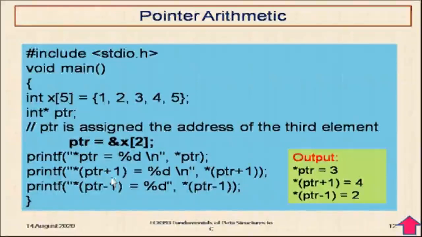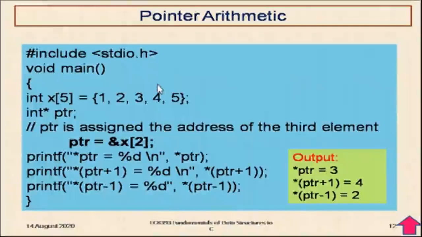Now, as we have seen already, we can increment the pointer within the array or decrement the pointer within the array. So in this second statement we are incrementing the pointer: *(ptr plus 1). ptr is the address of this one, plus 1. Since this is of integer type, assume that the address of this one is 1000. Then if you use ptr plus 1, 2 will get added, so 1002.